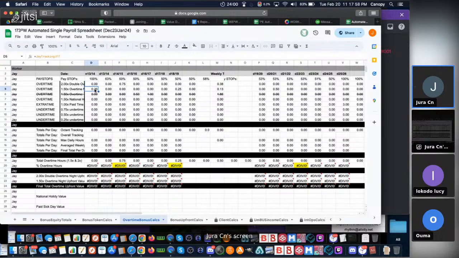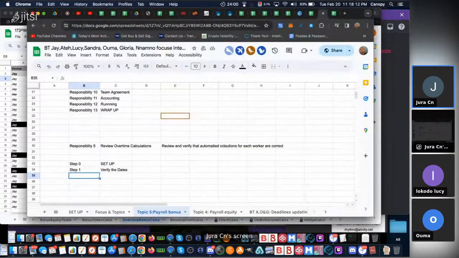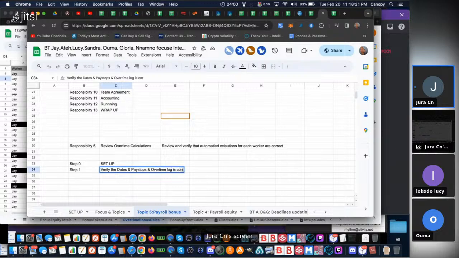F6, F7, F8, F9, F10, F11, F12. So that all looks correct to me. But we do want to mention that we need to verify that pay stops is correct as well. So verify dates and pay stops, and the overtime log is correctly duplicating.